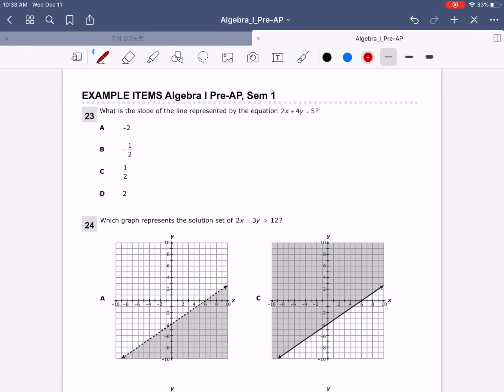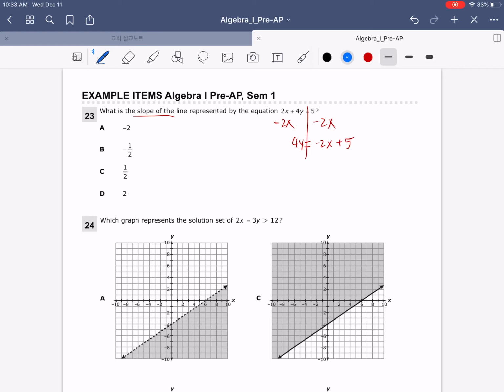Question number 23. Find the slope of this one. Well, easy, but the thing is you cannot find slope here. Slope is not going to be 2 because this is in standard form. So what you have to do is you have to solve for y first. Minus 2x both sides. It's going to be 4y is equal to negative 2x plus 5.